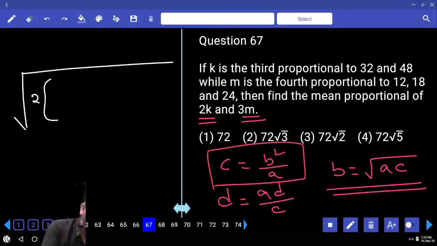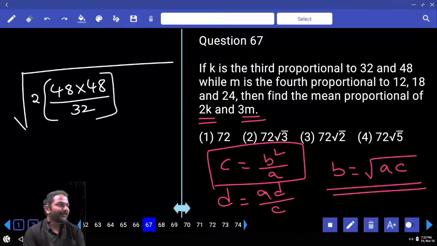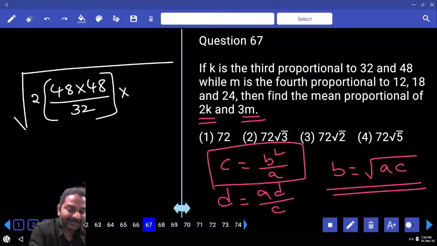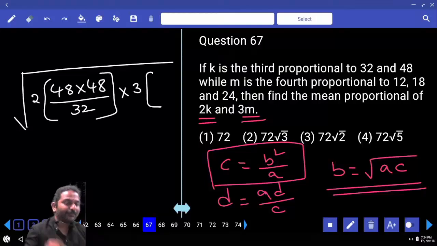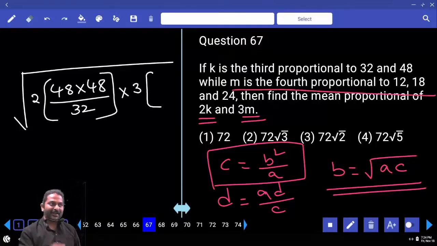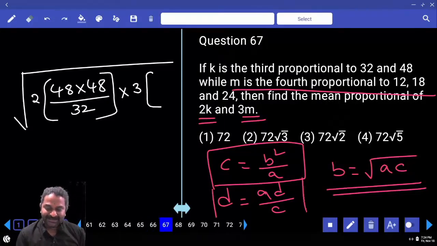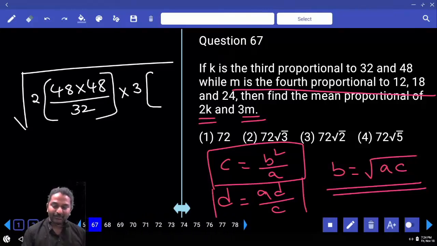Where is B value? 48 square by 32. This one, that is 2k, correct? And 3m, 3 into what is m? Fourth proportional, correct? Fourth proportional in the sense AD by C. What is A value? 12.